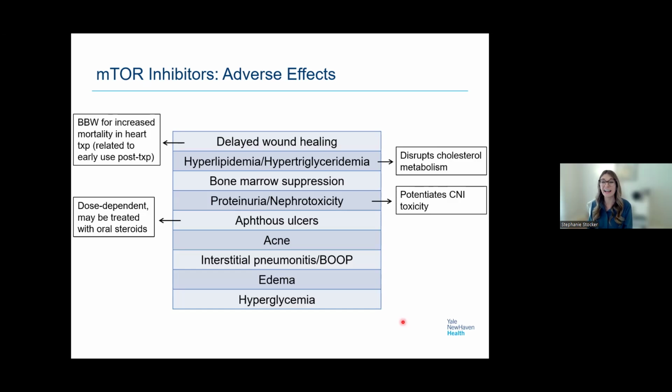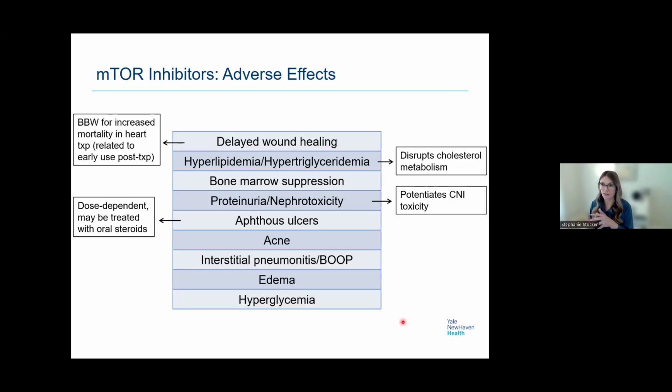Hyperlipidemia, specifically hypertriglyceridemia, can be a barrier to using this medication. We see proteinuria, we see oral ulcers. Oral ulcers can sometimes be managed with a clobetasol gel course and then reducing the dose or the level of your mTOR inhibitor.